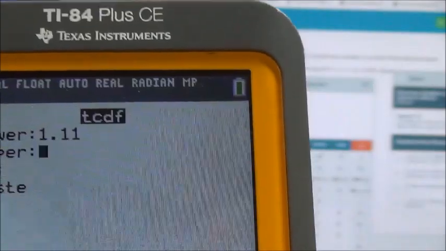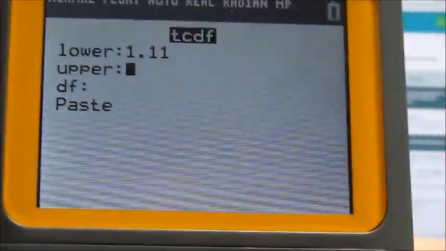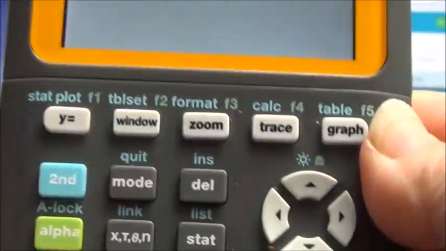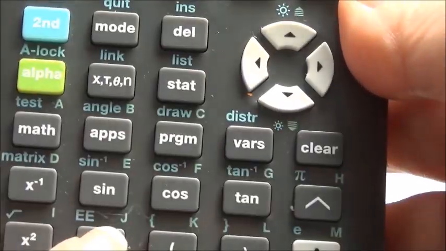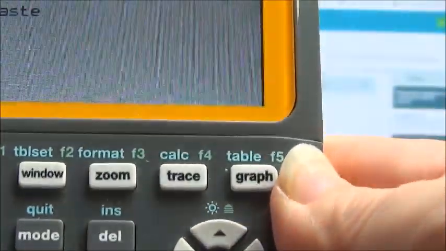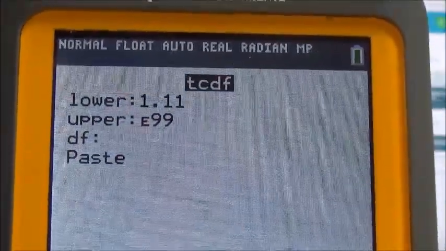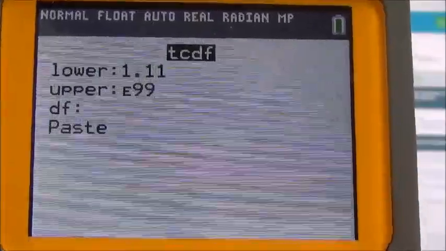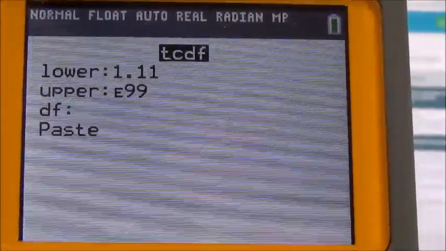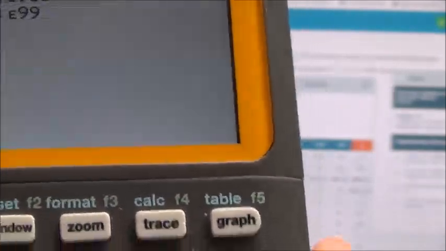My upper is going to be positive infinity. So again, to get positive infinity, we're going to hit the second button and then the comma to get the E, and then 99. So I'm going from 1.11 to positive infinity. My degrees of freedom, they'll talk about degrees of freedom, but here they're just going to tell us our degree of freedom is 20. So we're just going to put a 20 in there.